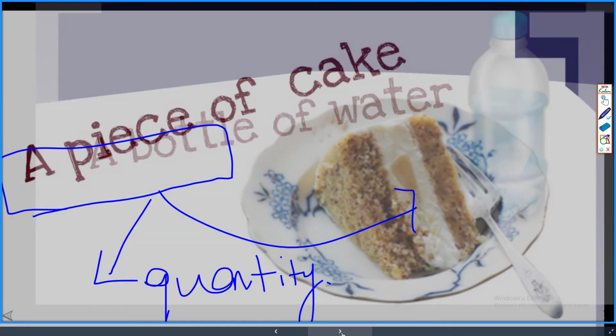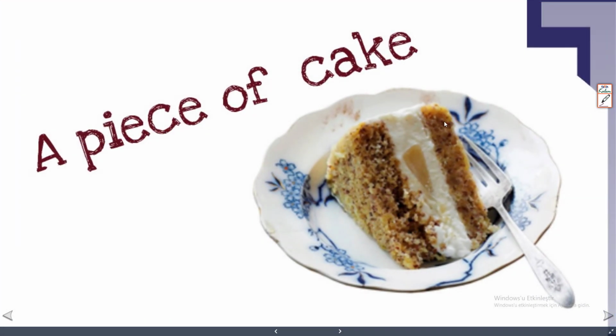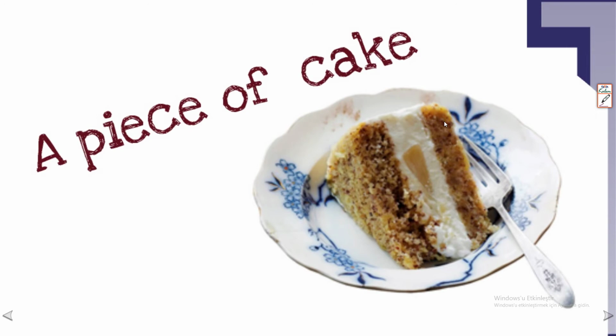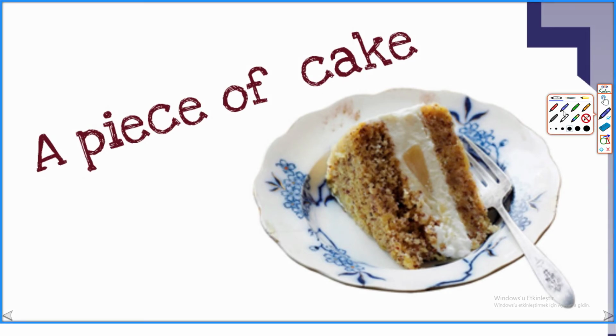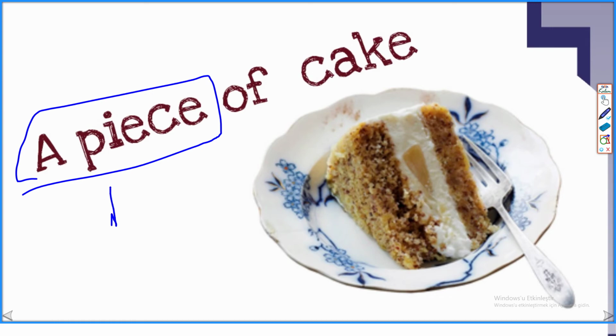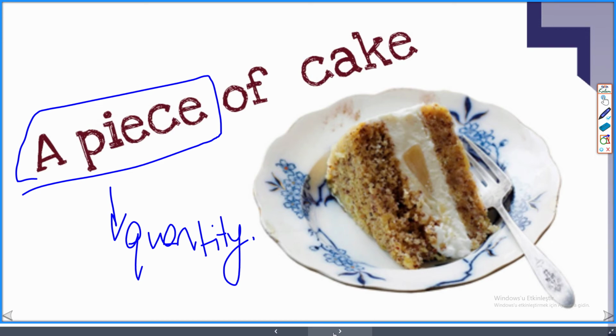Okay. And a piece of cake. It means it is our quantity. I want a piece of cake. I should write down quantity, and yes, very well.